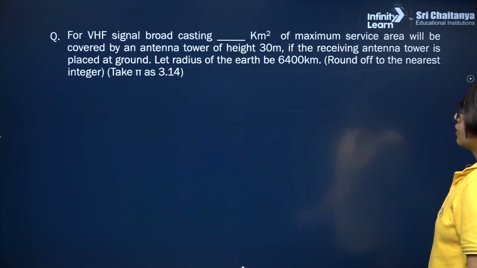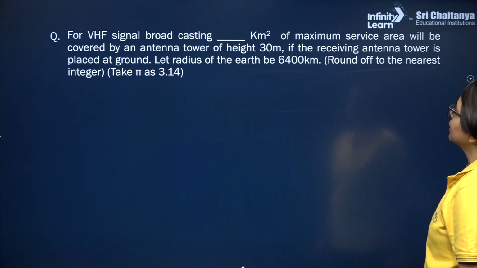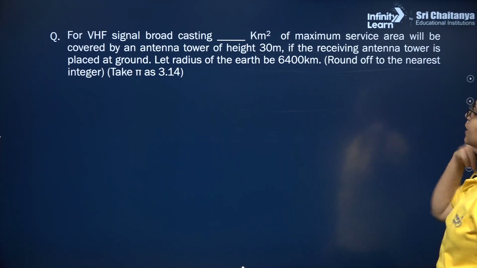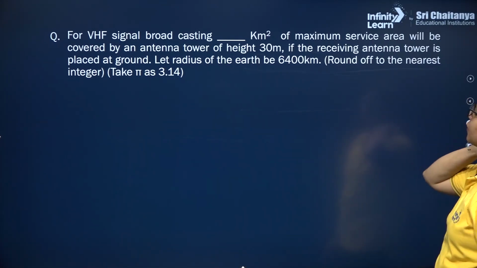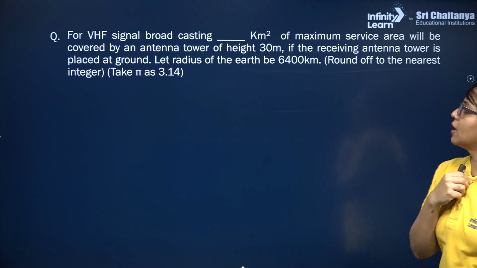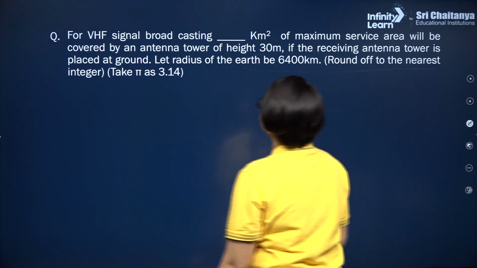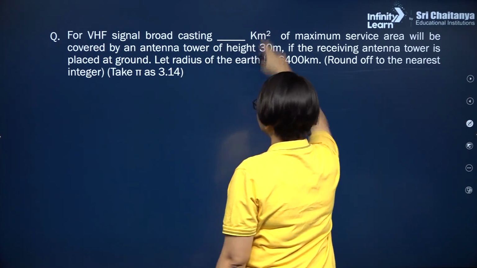Okay. Next is this one: for VHF signal broadcasting, the maximum service area will be covered by an antenna tower of height 30 meter. If the receiving antenna is placed at the ground, let the radius of the earth be this much, then what is the maximum covered area?